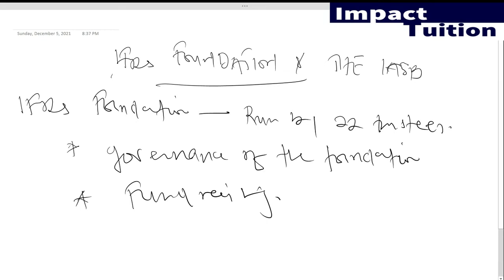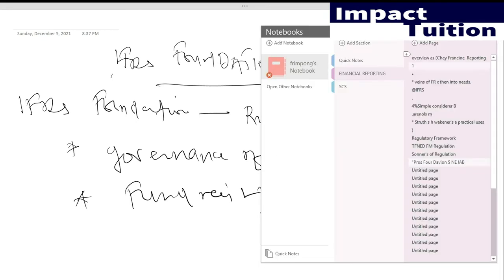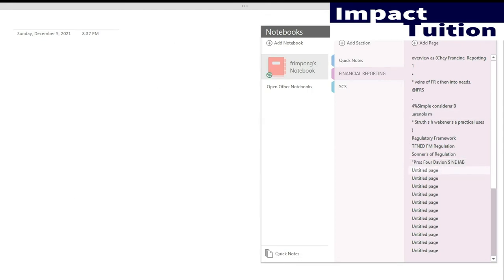Let's look at the constitution of the IFRS Foundation.